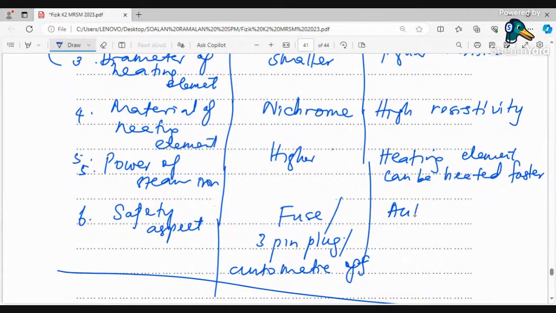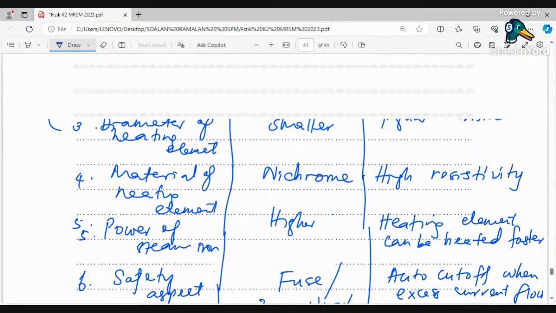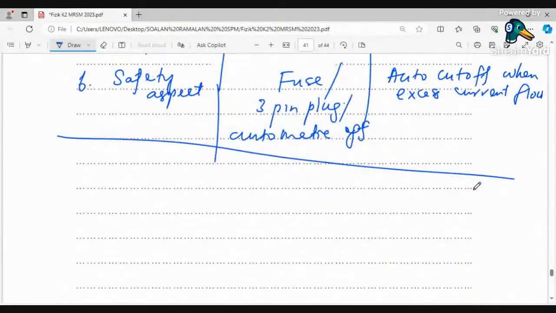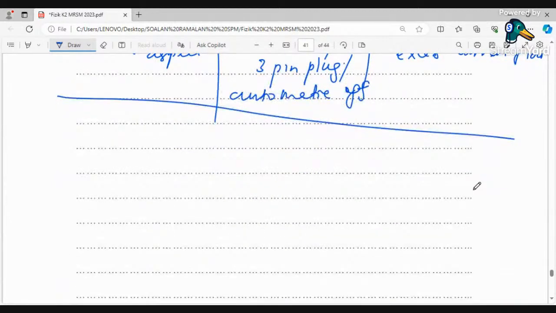Fuse auto cuts off when excess current flows. Fuse, okay. Safety: the fabric does not burn.